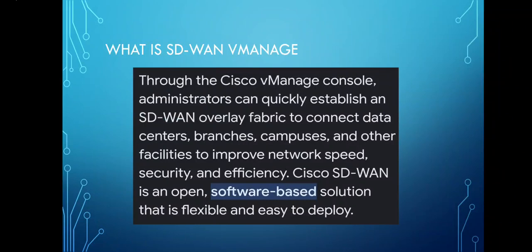An administrator can quickly establish an SD-WAN overlay fabric to connect data centers, branches, campuses, and other facilities to improve network speed. So it's a software based solution. It is flexible and easy to deploy. When we say vManage, it states that it will be helping in management and maintenance. It's a console wherein administrators can easily access the entire network.